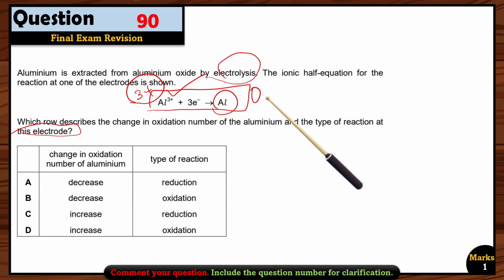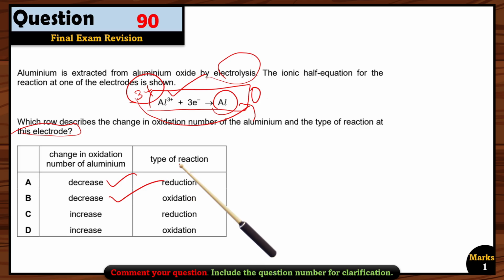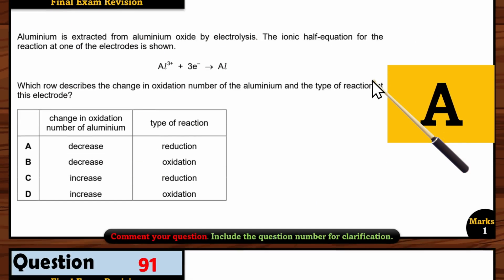This is a reduction reaction because the oxidation state has decreased. The change in oxidation number from 3+ to 0 means it has decreased. So these two options are right. Now, what type of reaction is this? When the oxidation number is decreased, it means this is a reduction reaction. Okay, it is the opposite of oxidation. So that's why option A is the right option.